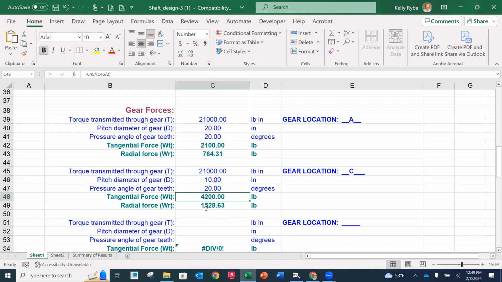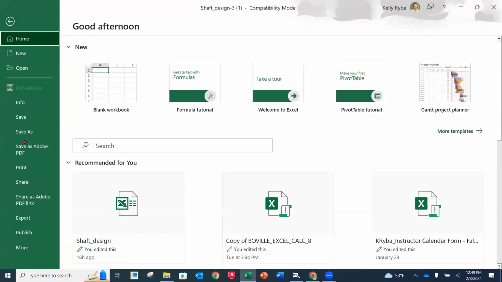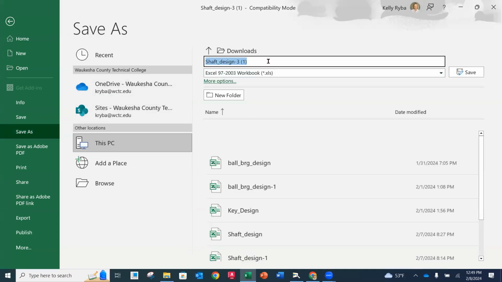Now is not a bad time. I always like to think of this in terms of whenever I talk about CAD. You want to save often, because you want to save whenever you feel like, I don't want to redo what I just did. Okay. So now's a good time to do a quick file save as, save where you want this to go. I'm just going to call this example 12_1.